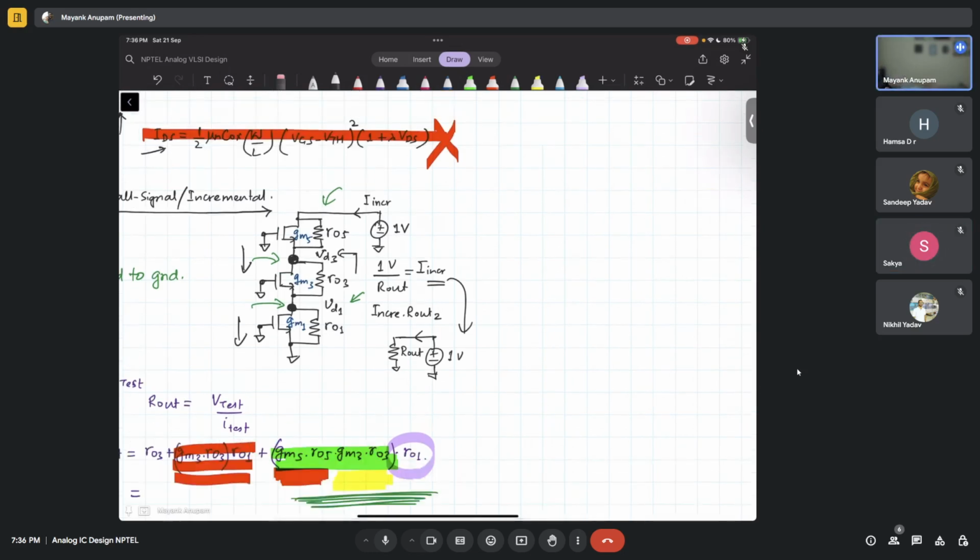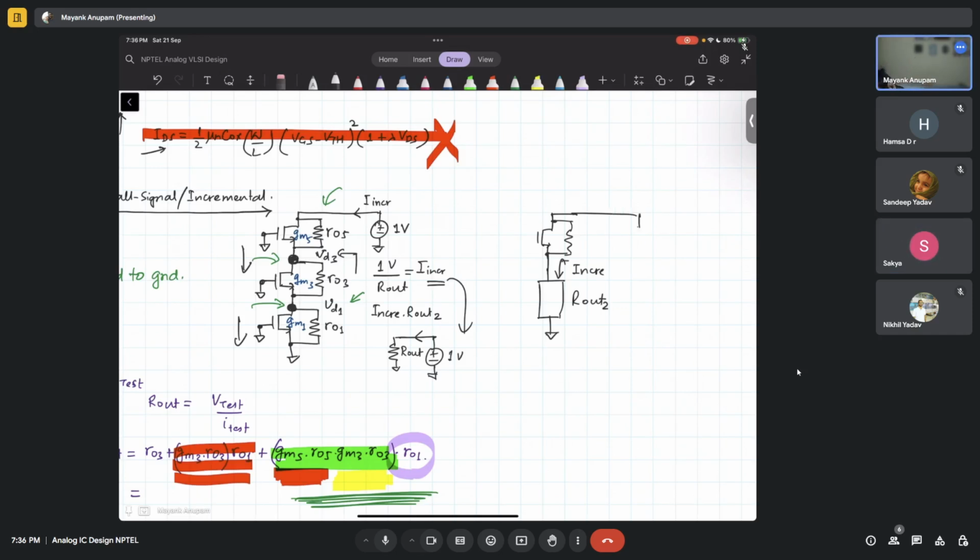So once I incremental leaves this point, so this is the first MOSFET, and once I incremental goes inside this, it can again be replaced with some R out, right? So basically you are saying the same current is moving through all stages, so the potential difference will be the same. No, the difference will not be the same.